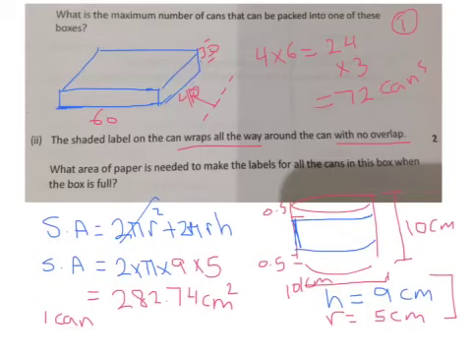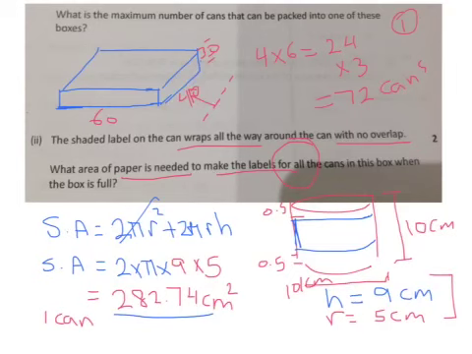Some of them did that, but the question says, what area of paper is needed to make the labels for all the cans? So they missed the point of multiplying this surface area by 72, because this is for 1 can. So that's another mistake.